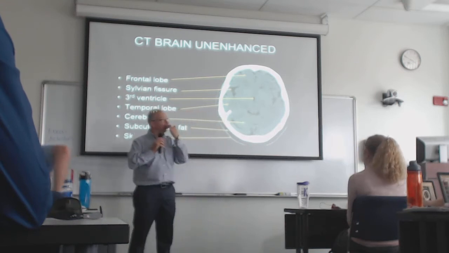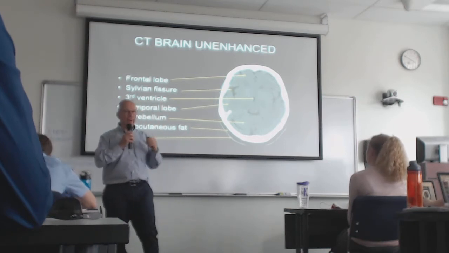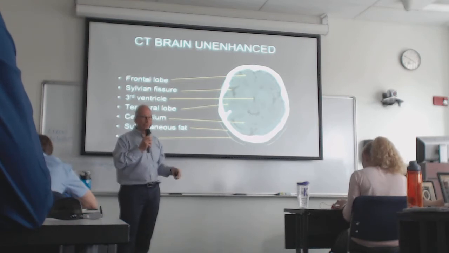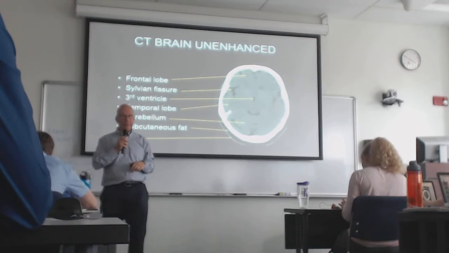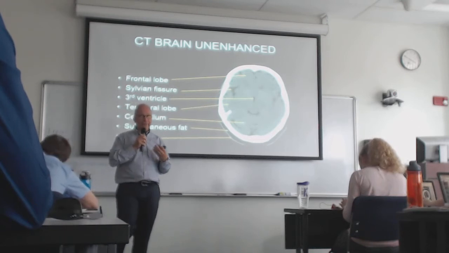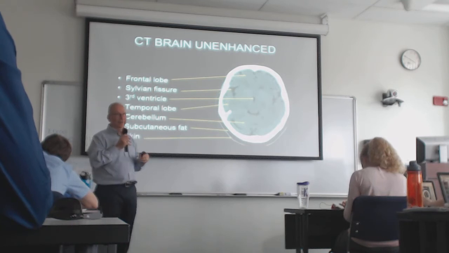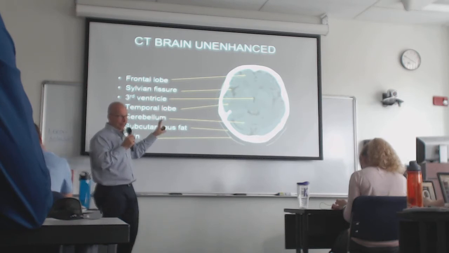So the thing you want to be able to start to see on these CT scans of the brain is you want to identify CSF filled spaces and soft tissue. Now, CSF filled spaces can be ventricles, but they can also be cisterns, which are not ventricles, okay? CSF is black, by the way, because water density is essentially black on these scans.